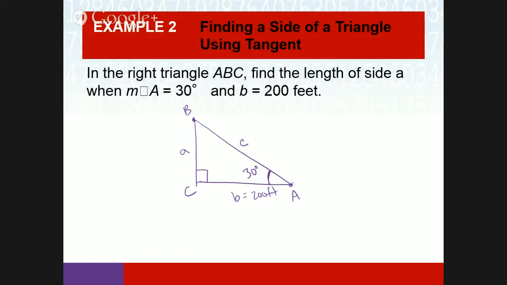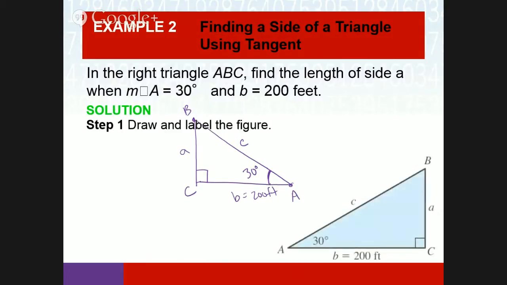What is the measure of A? Oh, wait, sorry. What's it ask? Find the side length of A. The notation is a little different.